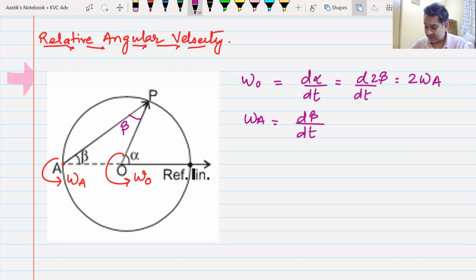Do we understand this? Yes, sir. Alpha is 2 times beta. Yes or no? Yes, sir. So omega naught is 2 times omega A. Do we understand this? Yes, sir.